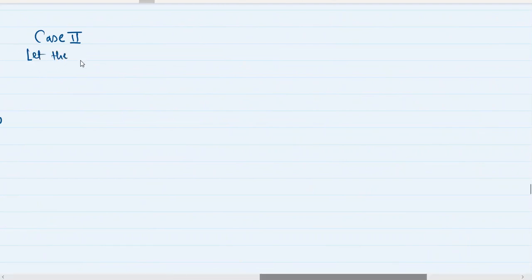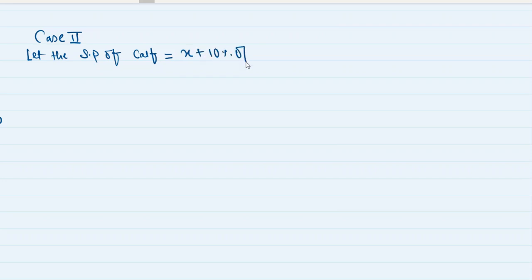Let the selling price of calf is equal to x plus 10% of x, that is x plus 10 upon 100 multiplied by x, that is x plus x by 10, that is 11x by 10 rupees.